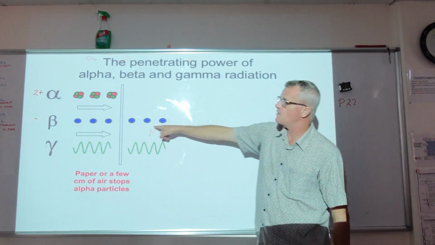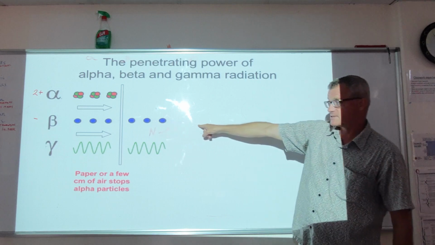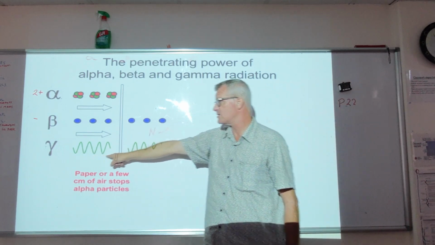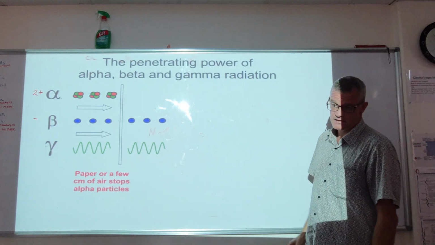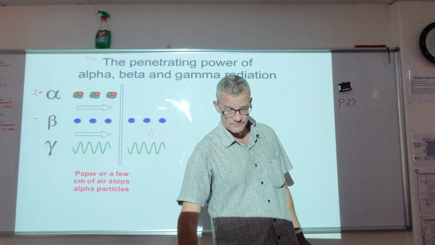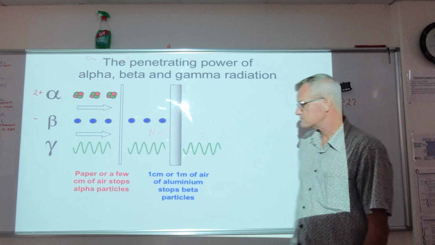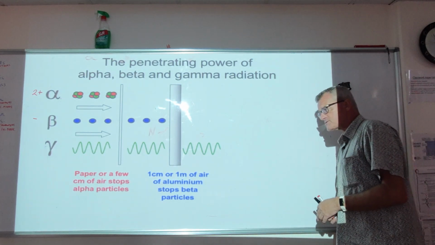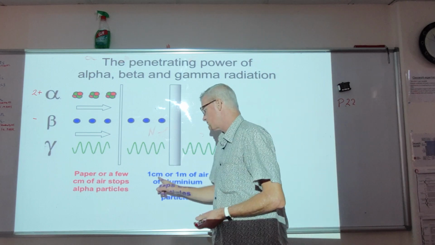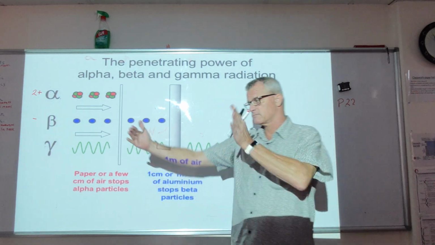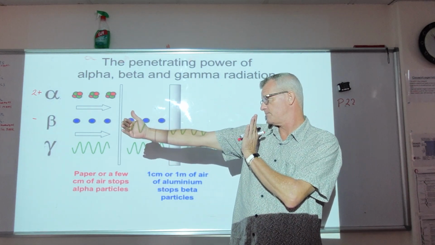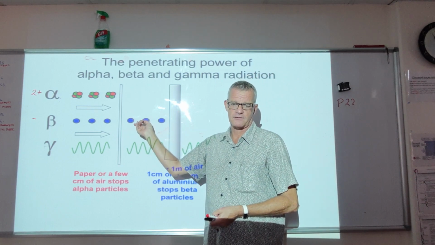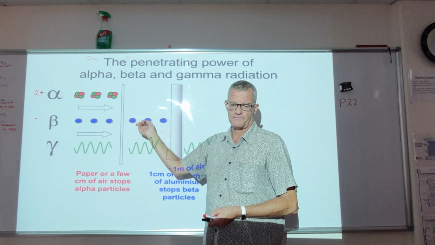Beta particles will go through paper with their high speed, and so will gamma. Then we have 1 centimeter of aluminum or 1 meter of air, and that will stop the beta radiation.